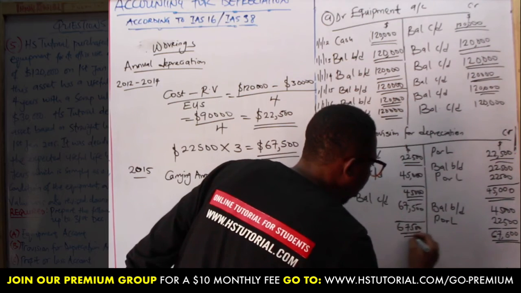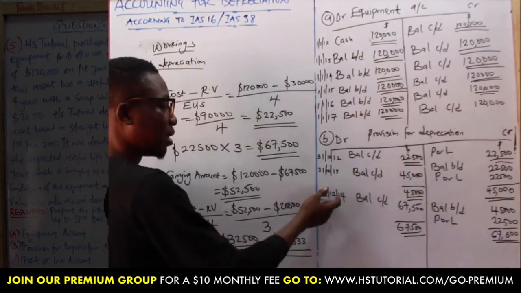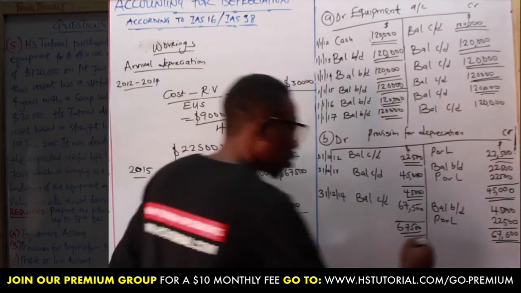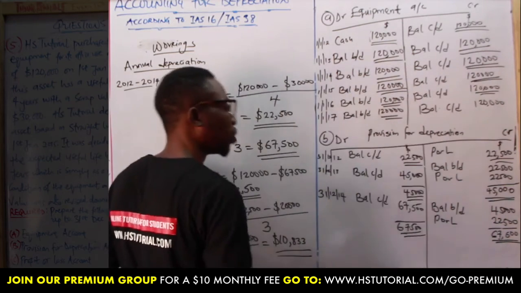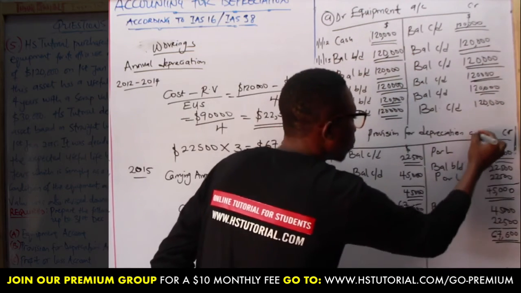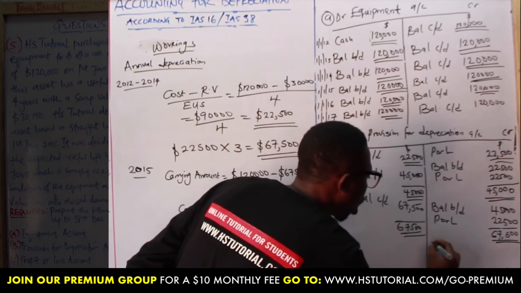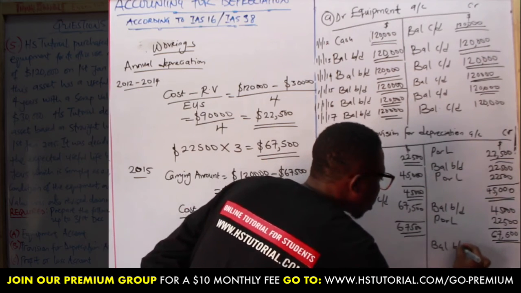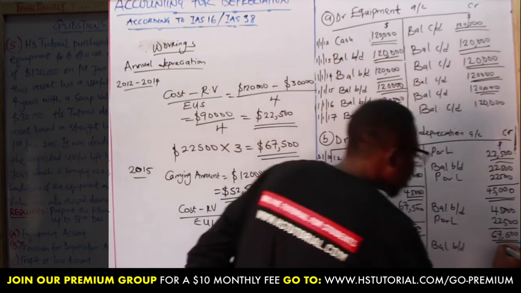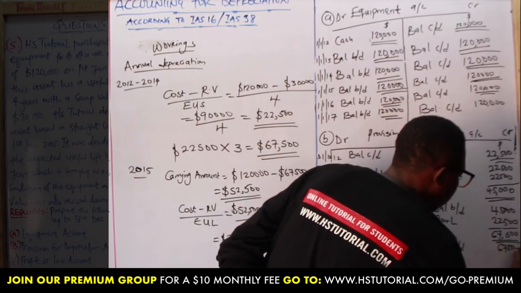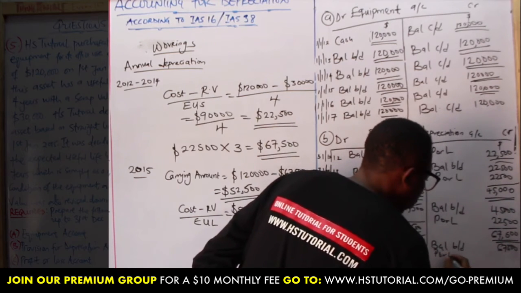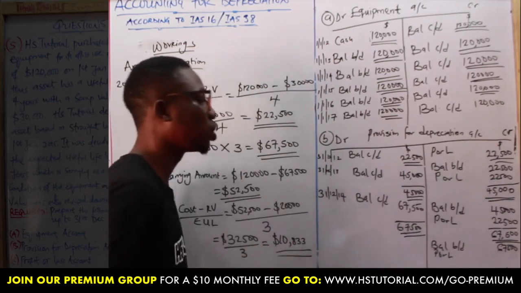The total 67,500 naira. Then you balance this down now for the final one that we are going to do under provision for depreciation account. So it will now be balance brought down. The balance brought down will be what? 67,500 naira. Then the P or L account we have to be debited with what?